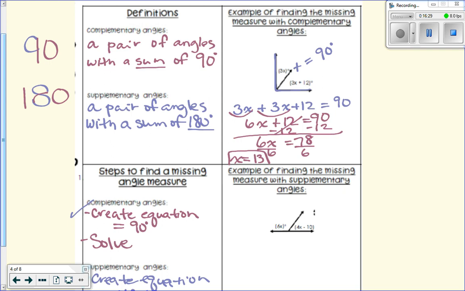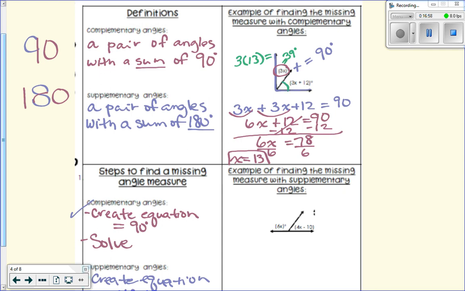Because 13, it's not 13 degrees. That's just what x equals. How can we find what angle measure this is if we know what x is? Absolutely, substitute in our 13 for x. 13 times 3 is 39 degrees.